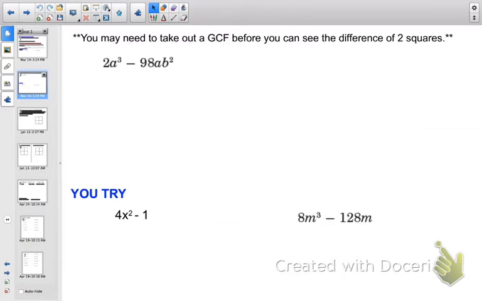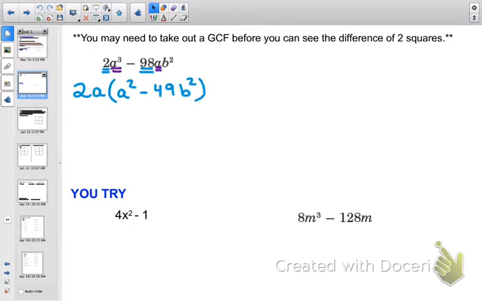Sometimes we might need to take out a GCF before we can see the difference of two squares. So if we look at this problem, I know that 2a to the third power and 98ab squared, neither of those are perfect squares. However, if I take out my GCF of 2a, then I'm going to see something happen.